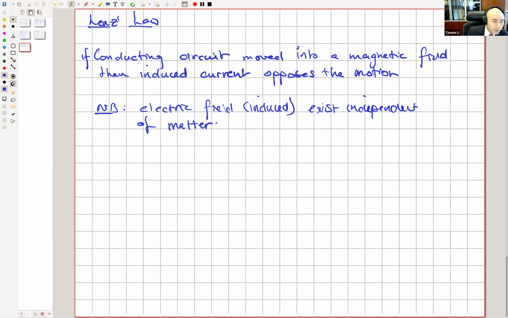Okay, now one particular way to look at it, especially if I want to decouple the notion that there's any matter around for Lenz's law to work, then we almost end up forced into a situation where we have to add something.